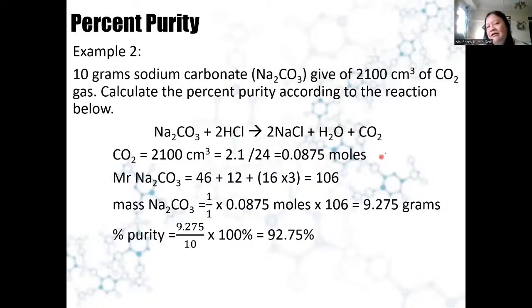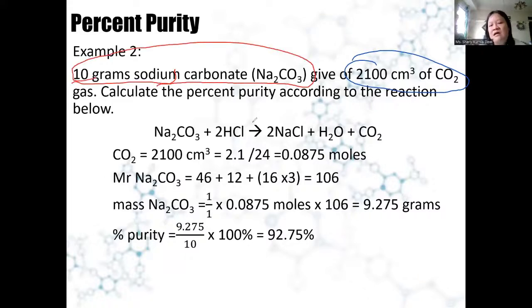I have already given you the balanced equation. We will search for the purity: how pure is 10 gram of sodium carbonate?